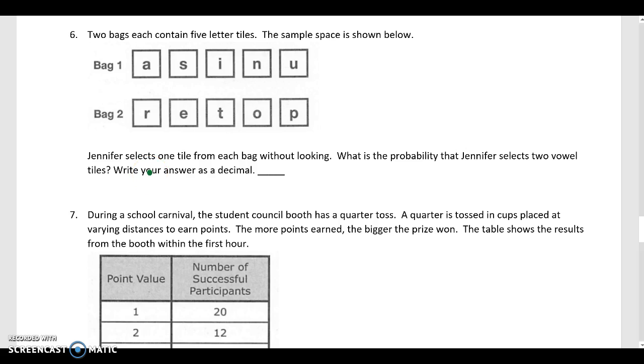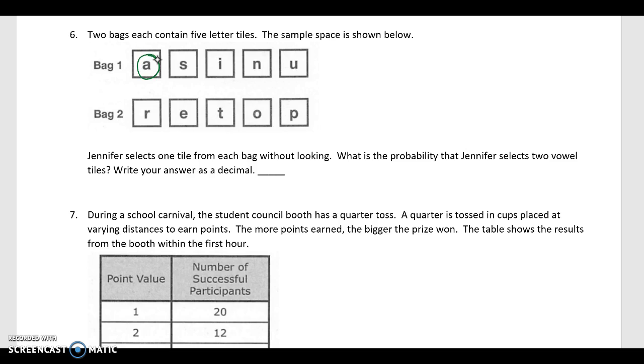So she selects 1 tile, probability of vowels. So let's look at bag 1. The probability of a vowel in bag 1. So A, E, I, O, and U are vowels, right? Okay, hang on.